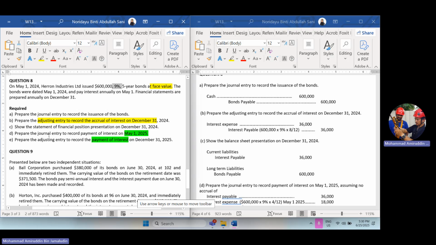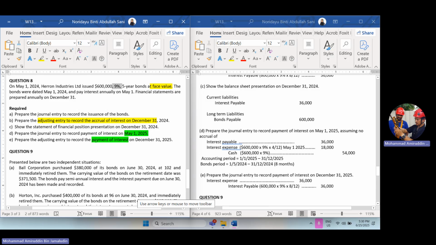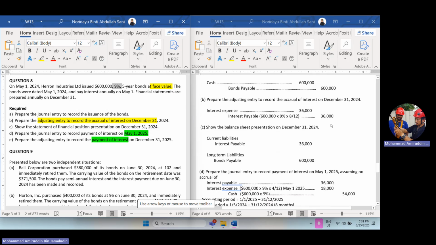Next, prepare the journal entry to record the payment of interest on 1st May 2025. 1st May 2025 meaning 1 year, right? 1 year period of bonds. Okay. So firstly, assuming no accrual, so your interest payable just now we already computed, right?